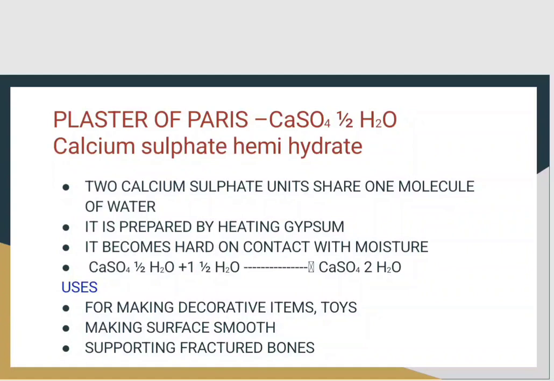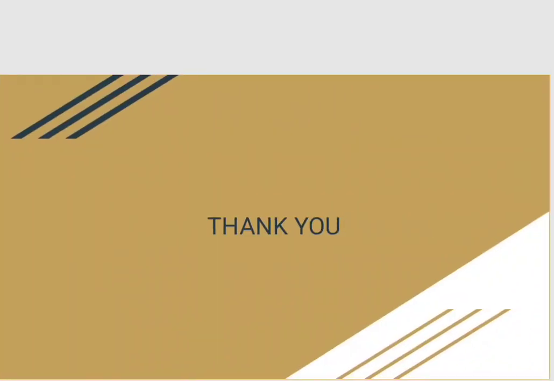CaSO4 into half H2O plus 1 and a half H2O, we can collect CaSO4 into 2H2O. Uses of plaster of Paris: making decorative items, toys, making surfaces smooth, and supporting fractured bones in a hospital.